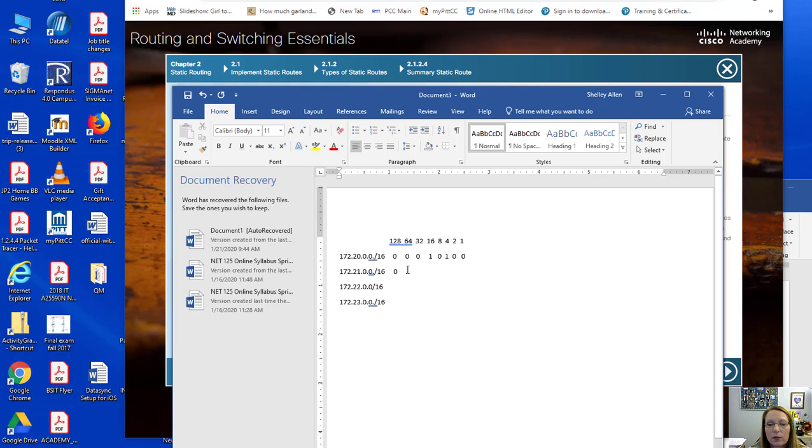So 0, 0, 0. We have a 1, 0, 1, 0, 1. Then we have 22. So with 22, we have 0, 0, 0, 1, 0, 1, 1, and 0.